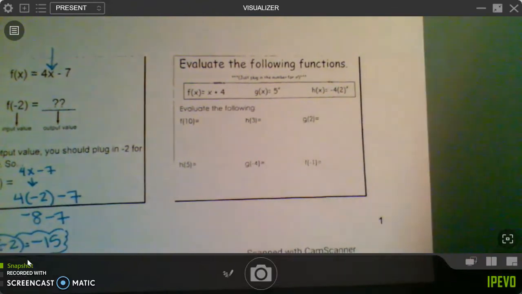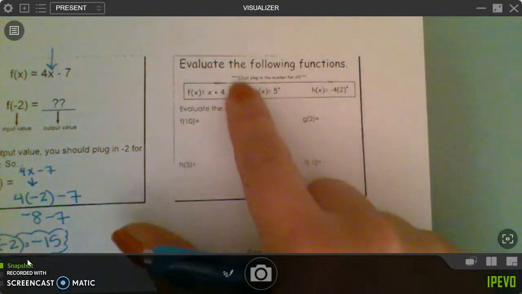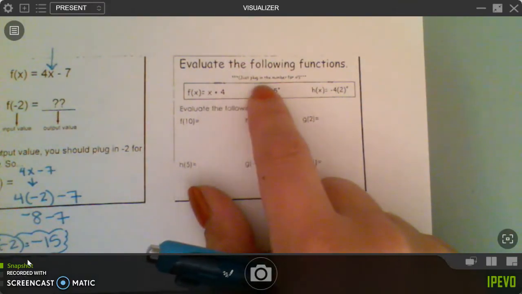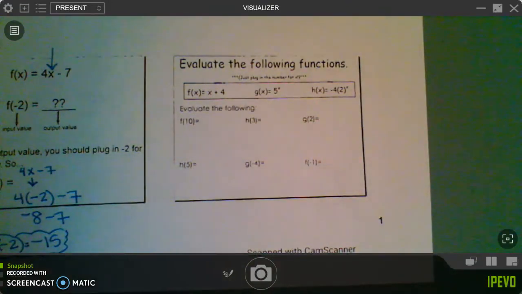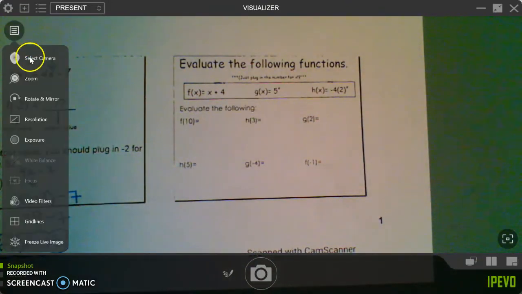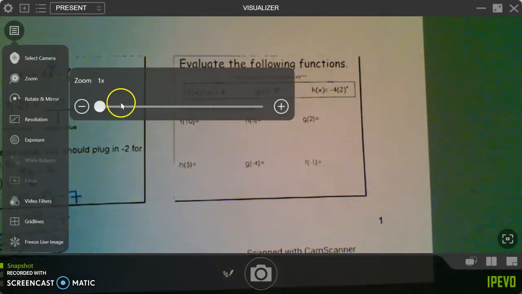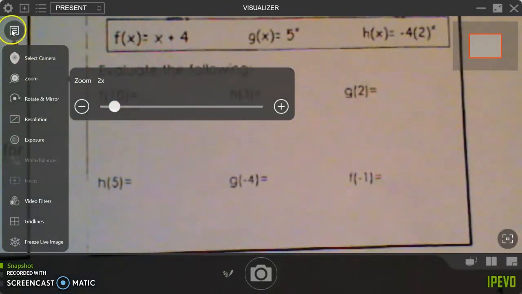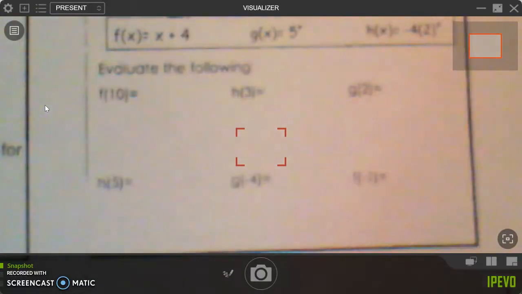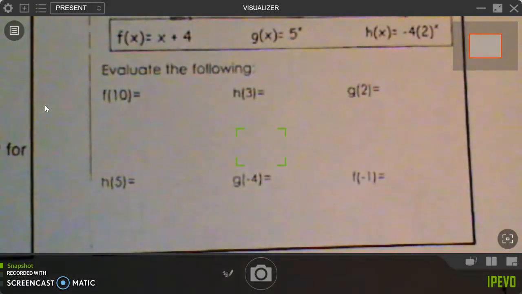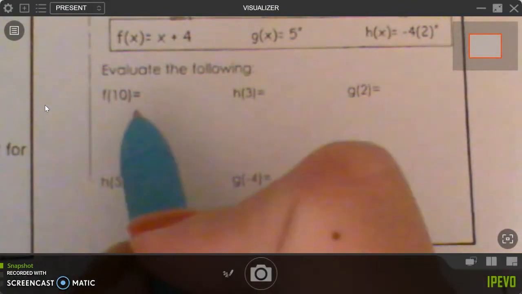Okay, let's try some over here. Evaluate the following functions. And in small letters, it says just plug in the number for x. So let me zoom in some so we can see it better. So evaluate the following. F of 10.